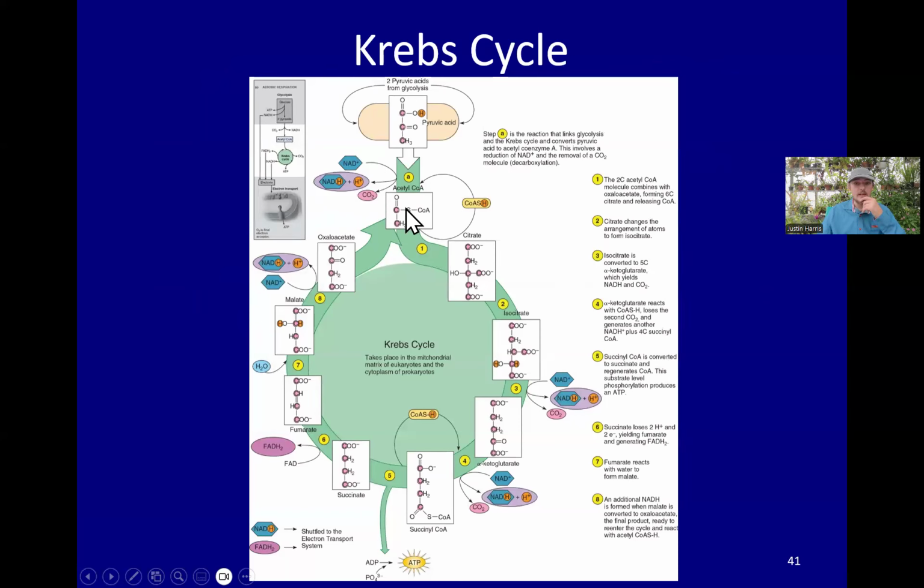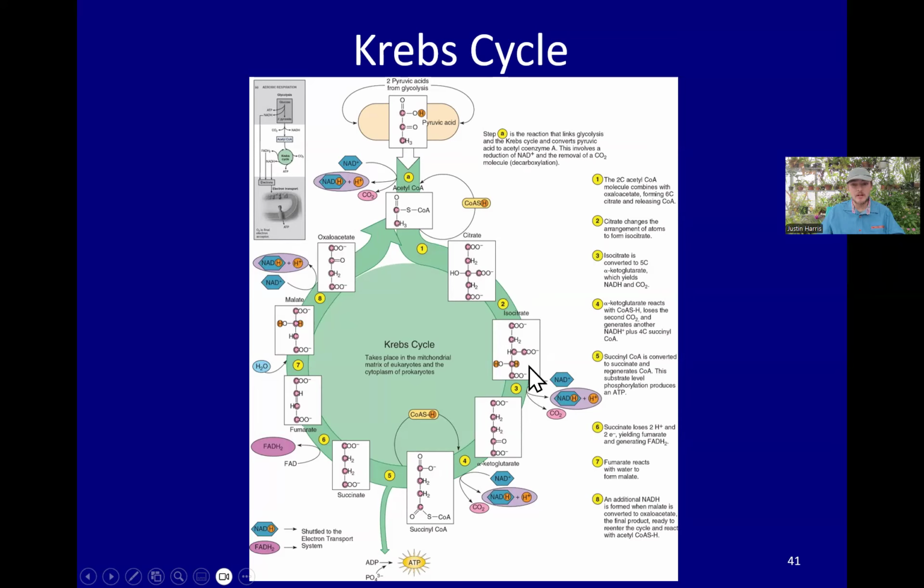And it takes this acetyl-CoA and binds it to this oxaloacetate, which is the leftover of the Krebs cycle. And it gets converted into citrate once it's bound in. Once it is citrate, it gets rearranged into isocitrate.